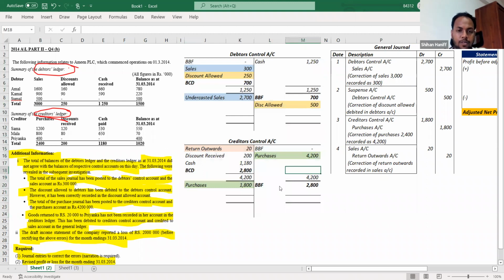Okay, so if I show the previous method, you can draw, let's say, first one, total sales journal has been posted to debtors control account and the sales account as 300. So you can write sales and debtors, 300.